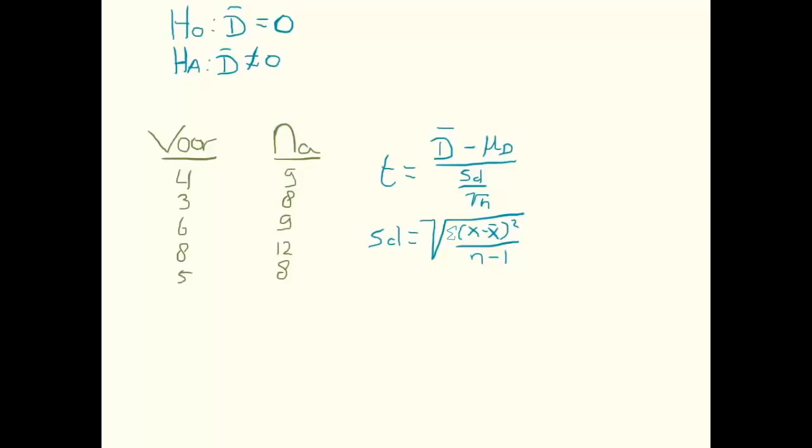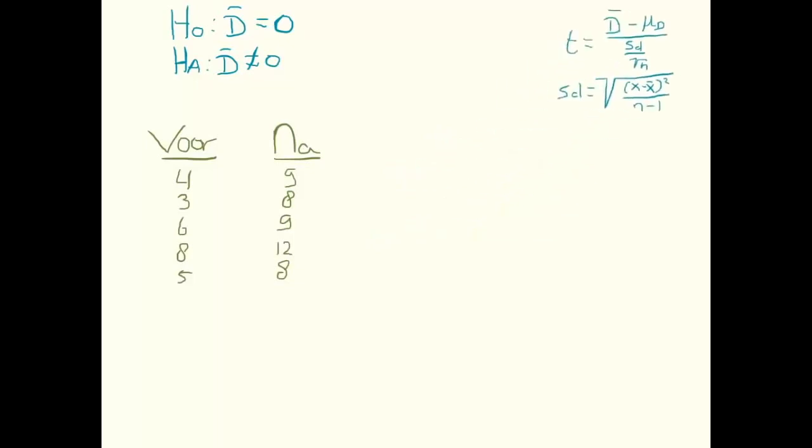If we want to calculate the t in our example, we first have to calculate the difference score for each test subject. To do this, we subtract the post-measurement of each test subject from his or her pre-measurement, or vice versa. Which of these two options we choose doesn't matter.